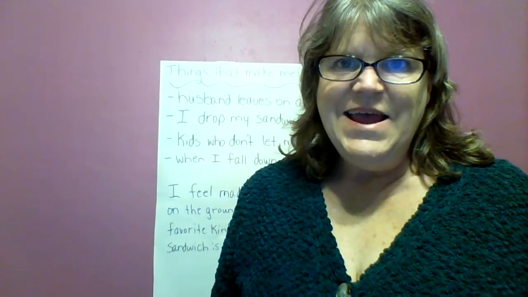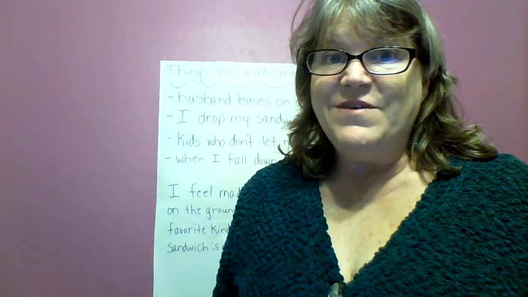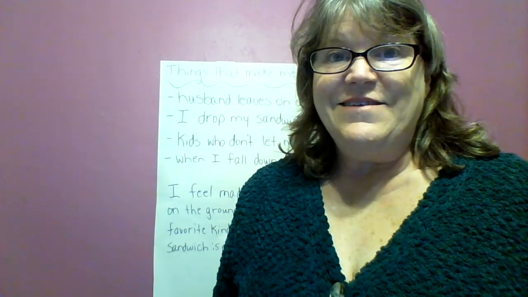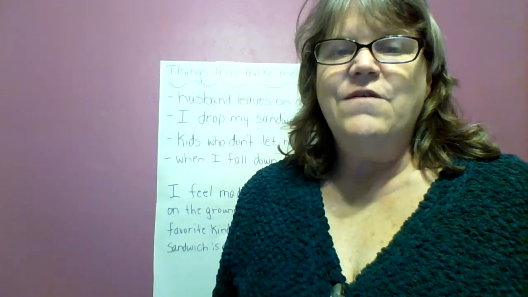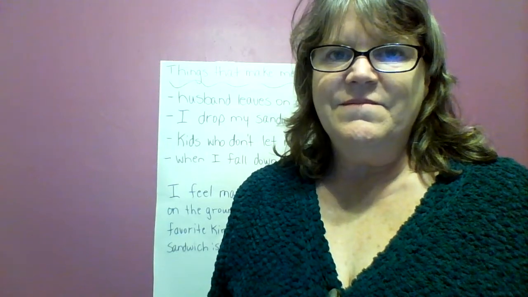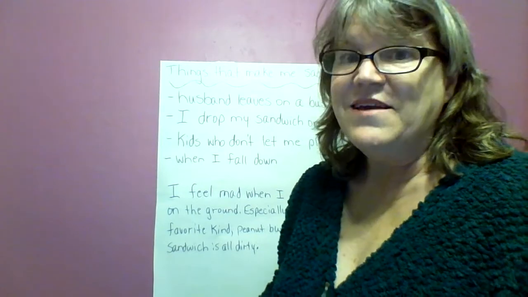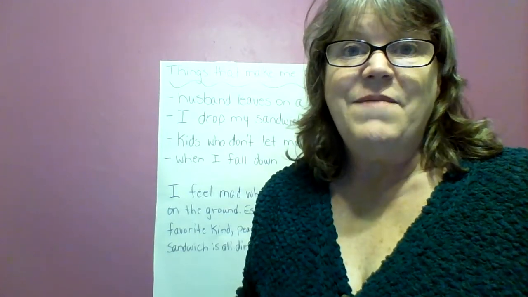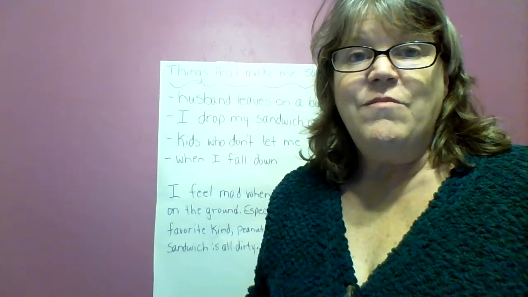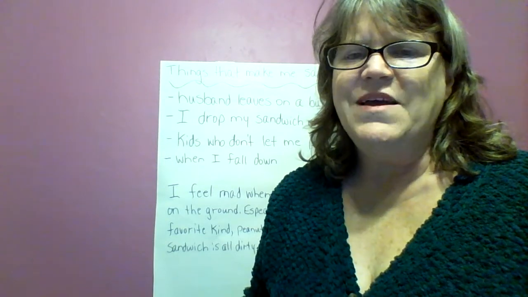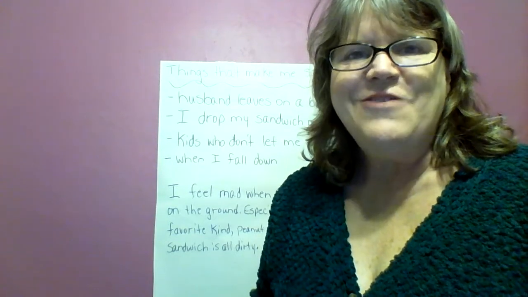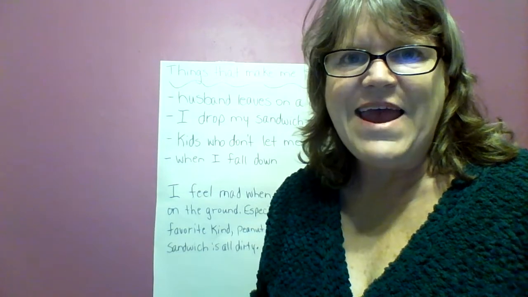So I'm going to add one final sentence, and that sentence is going to be, there is nothing left to eat. And I'm going to put an exclamation point after that, because remember, we're writing about things that make us sad or mad. So I'm going to use an exclamation point because I'm a little bit mad. So I'm going to say, there is nothing left to eat.